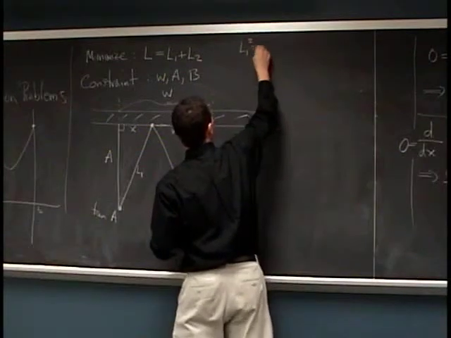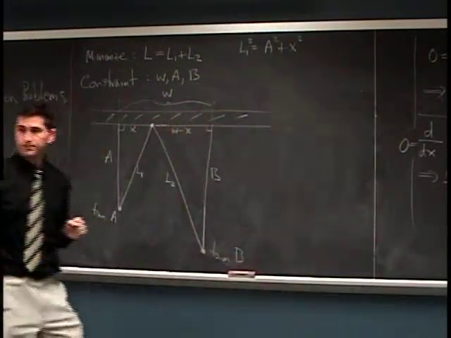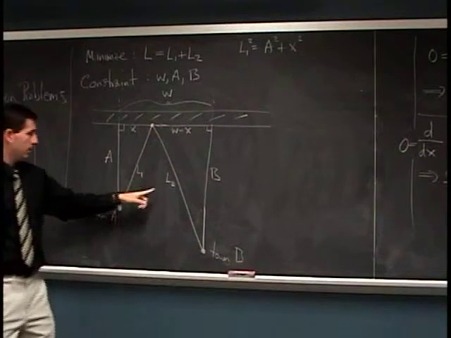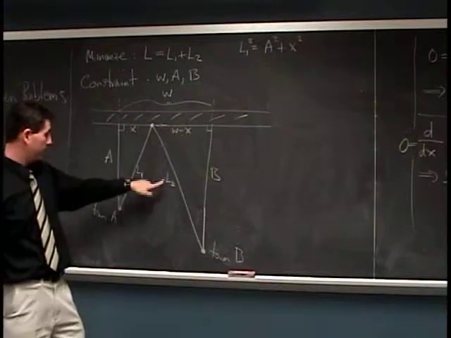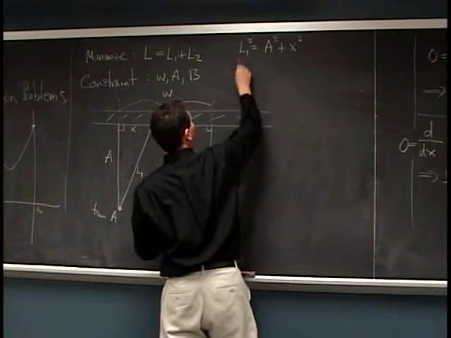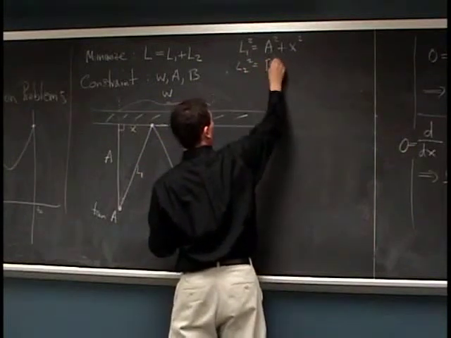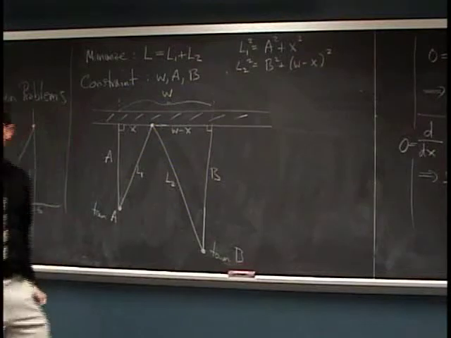And over here, B squared plus (W minus x) squared equals L2 squared.